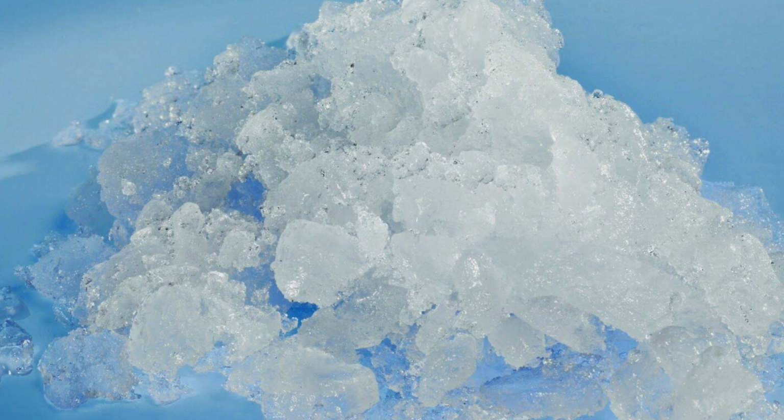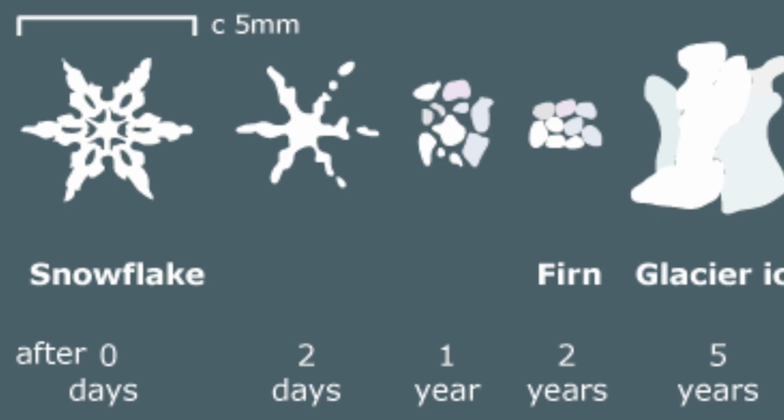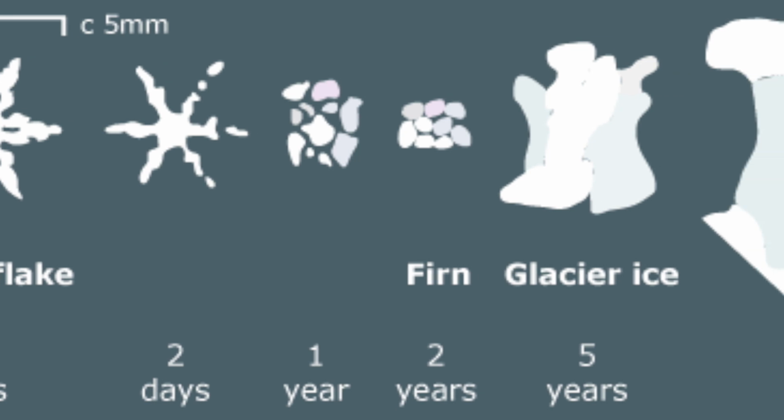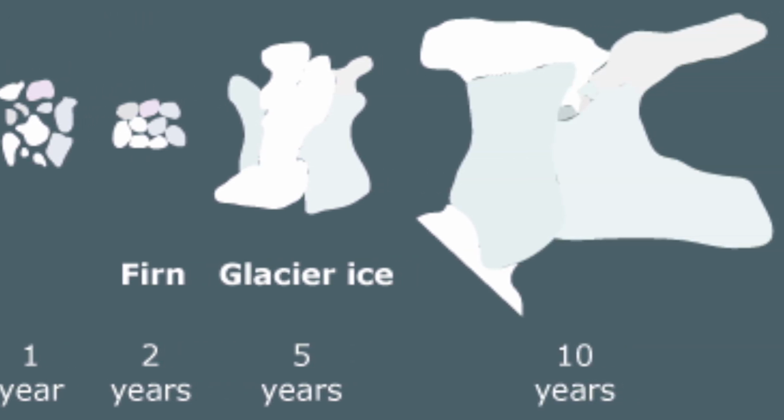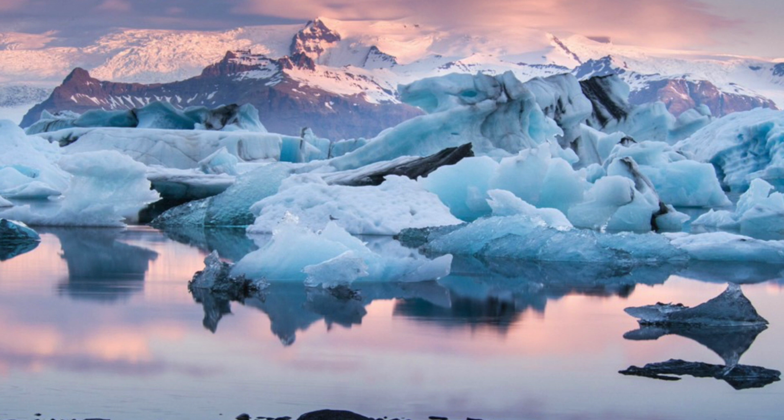As the snow compacts and turns into granular ice, it is then compressed by the overlying layers into hard crystalline ice. Glaciers originate in the snowfields through the transformation of snow into the compact ice of a glacier.